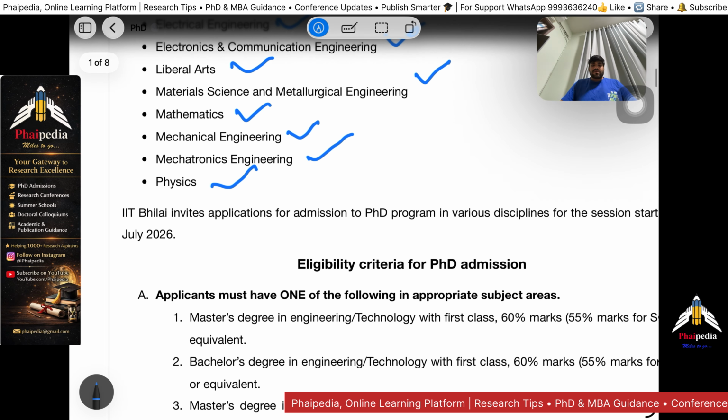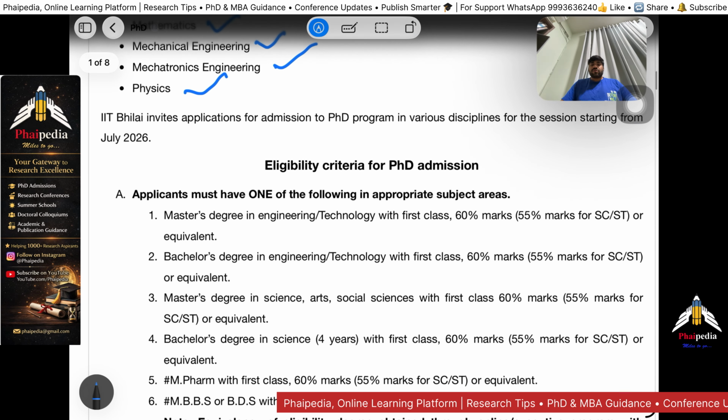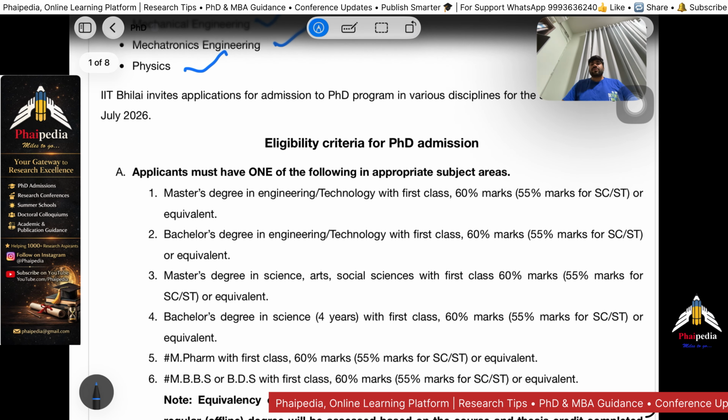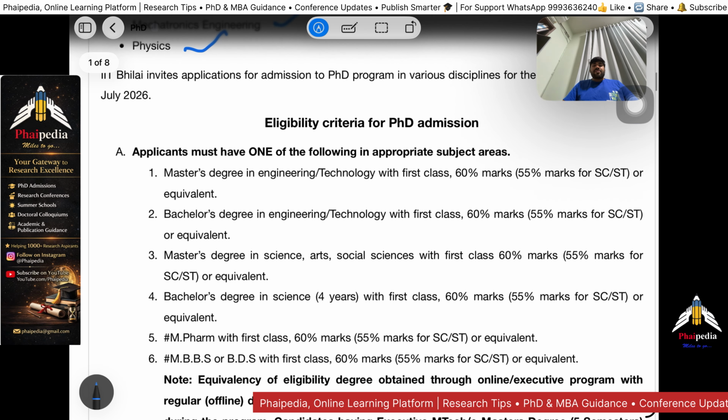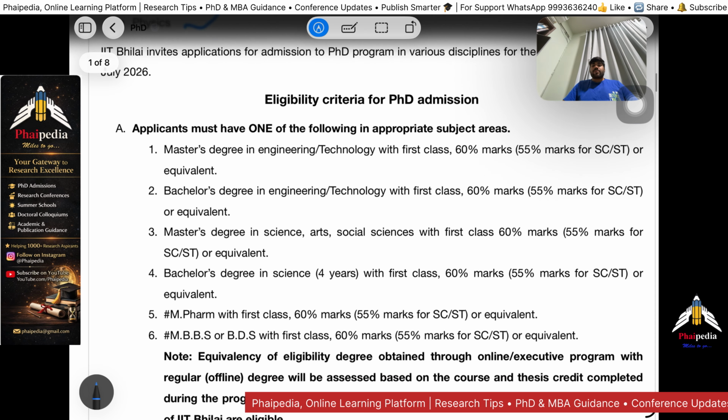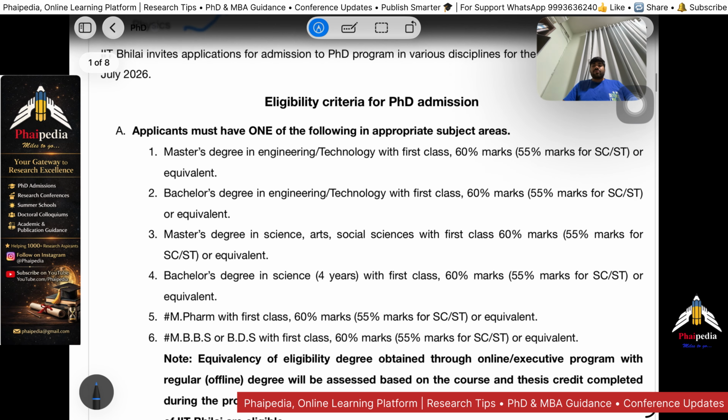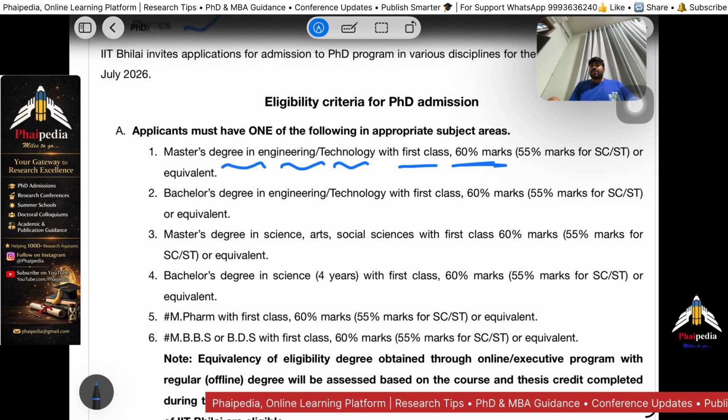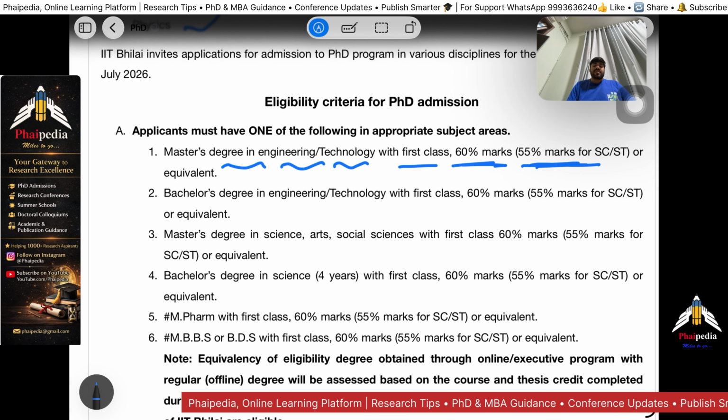So let's talk about the eligibility criteria for the PhD admission at IIT Bhilai. Applicants must have one of the following appropriate subject areas. They should have a master's degree in engineering or technology with first class, 60% marks, or there is a relaxation for ST and SC categories, where 55% marks are required, or equivalent.